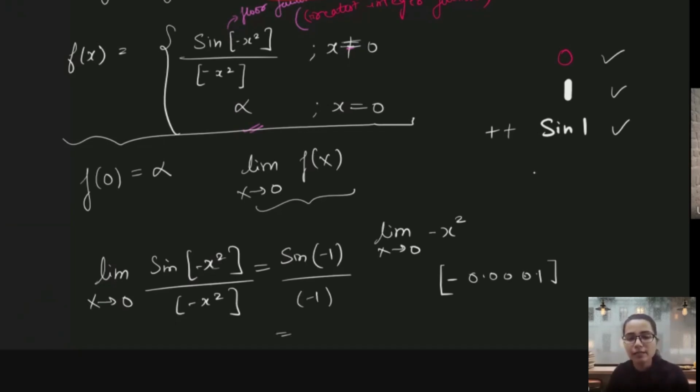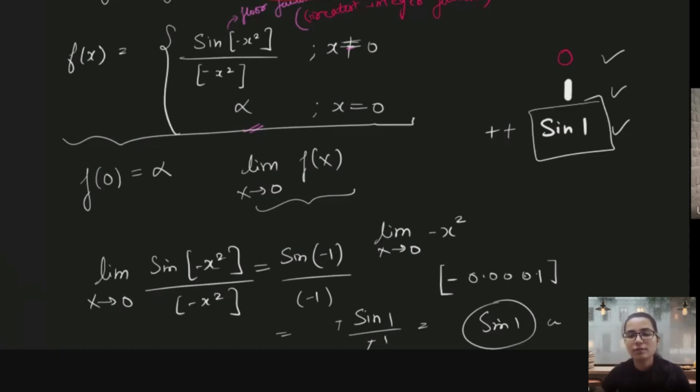You'll get minus of sine 1 divided by minus 1. You cancel it out and you get sine of 1. That's the correct answer, which was the majority answer in our class.